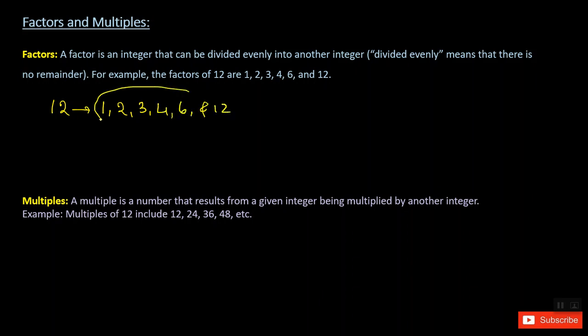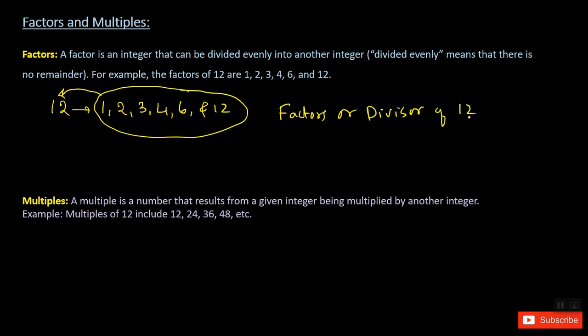So these are all factors, or divisors, of 12. Factors and divisors have the same meaning, right?